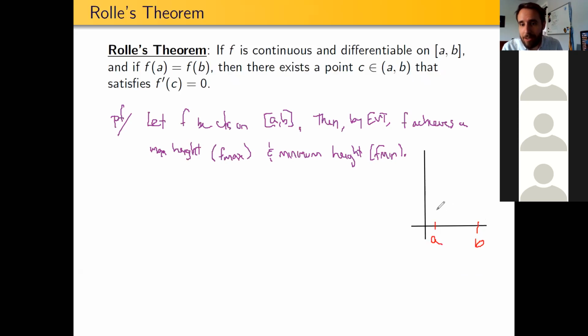Again, I'm going to draw basically the exact same picture that we had on the previous slide. From a to b, imagine I have something, I don't quite remember what it looked like. Let's pretend it looks something like this. What we said was that this height down here was the minimum height, f min, and this height up here was f max.